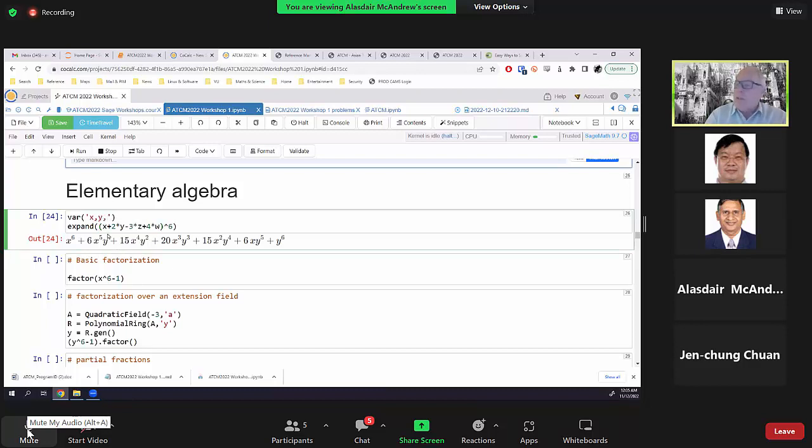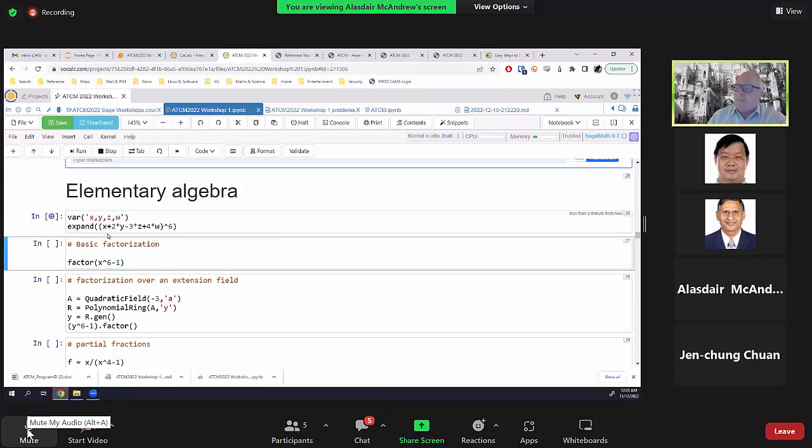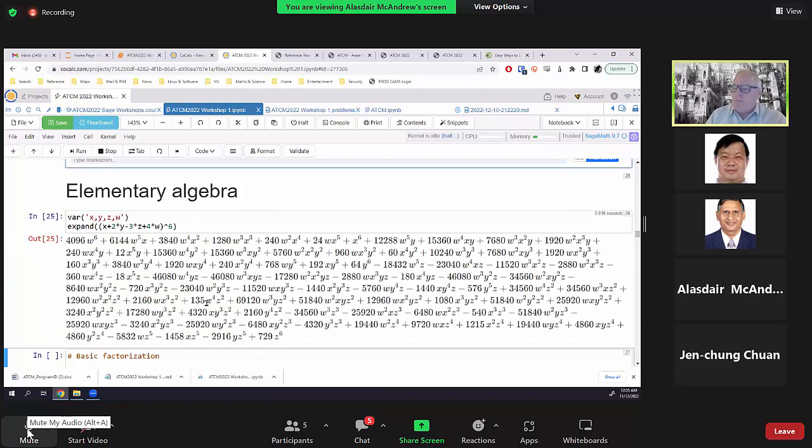I'll include z and w in there. And we get this rather splendid expansion. But again, it happened, as you saw, almost simultaneously. The lag, such as it was, was really writing the answer to the screen.